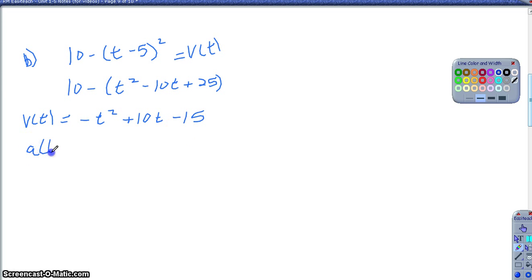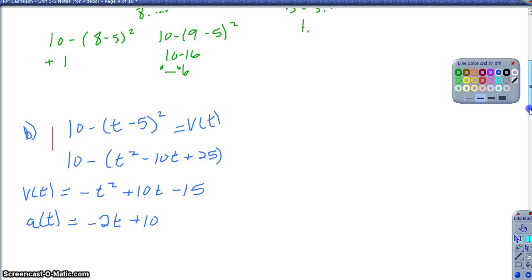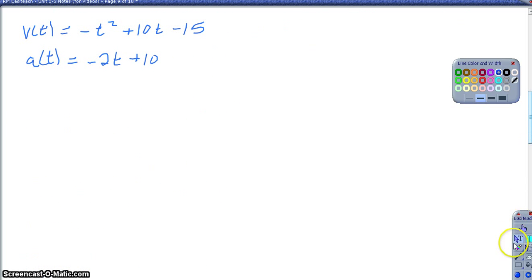So if I want to find the derivative, I find my acceleration function. So I would bring the 2 out front, it would be negative 2t, and then I'd bring the 1 out front, so plus 10, and then the negative 15 would go away. So then to find my acceleration at those two given times, again my times were 5 plus radical 10 and 5 minus radical 10, all I have to do now is substitute this into the function.